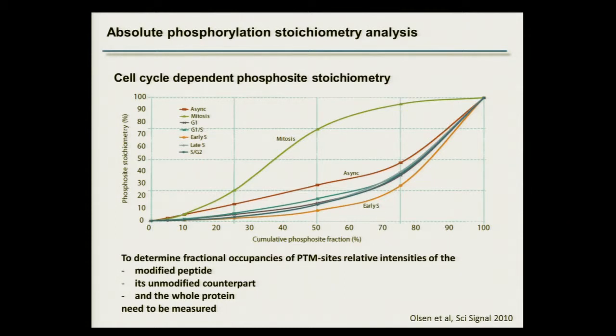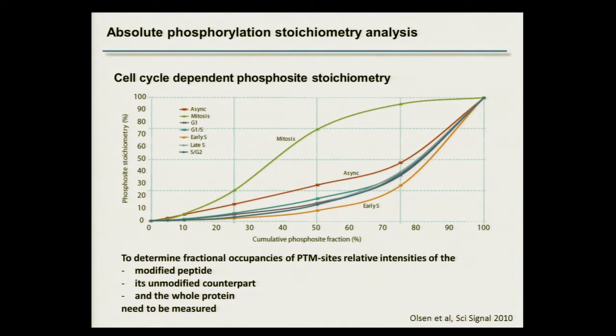To measure the occupancies of modification sites on proteins, you not only have to measure and quantify the modified peptides where the site is sitting, but also its unmodified counterpart, and in the best situation also the abundance level of the whole protein.